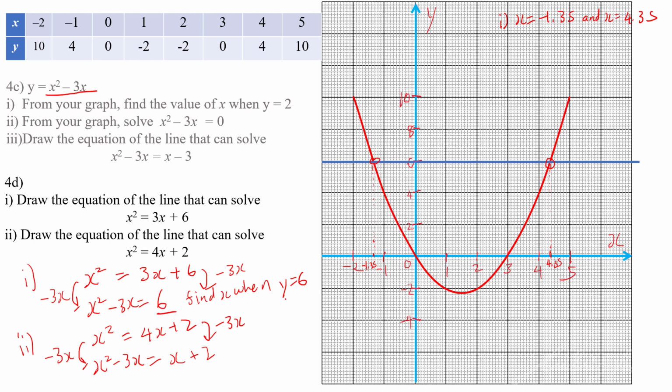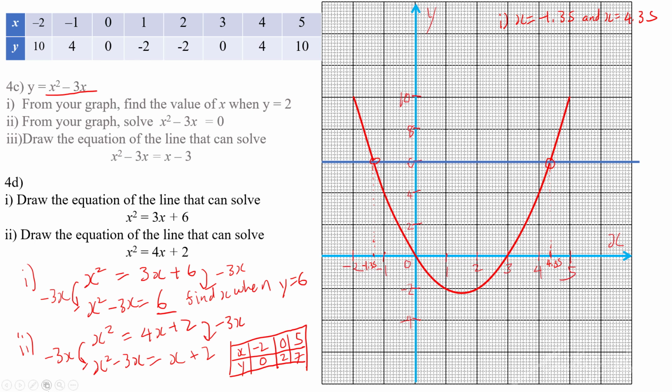Again, I will need a table. x, y, -2, 0, and 5. So x plus 2, so this one will be 0, this one will be 2, and this one will be 7. I will plot the coordinates.